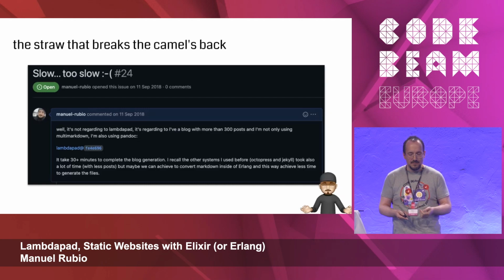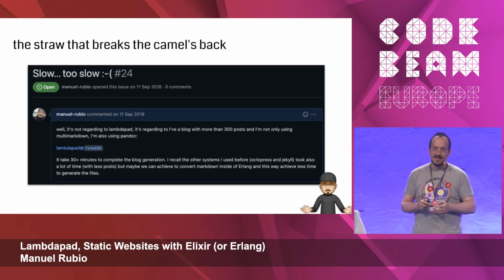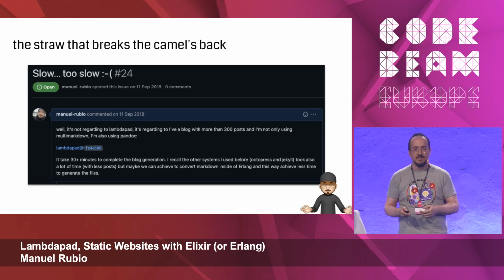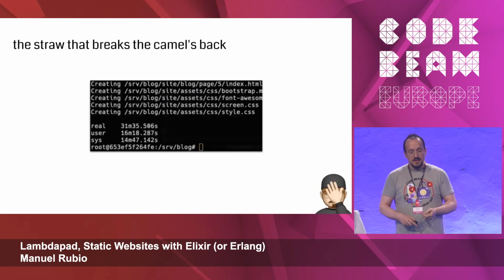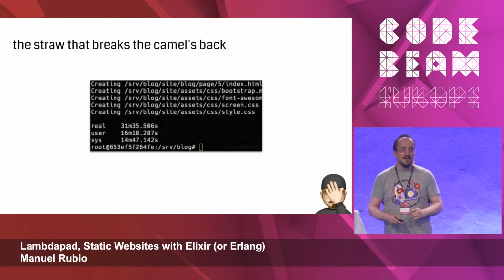I was not finding an explanation, but again, it was exactly the same problem that I had experienced with Octopress in the past. So, for this presentation, I retrieved the old version of my Git and compiled in Docker to show you that this takes 31 minutes at that moment.